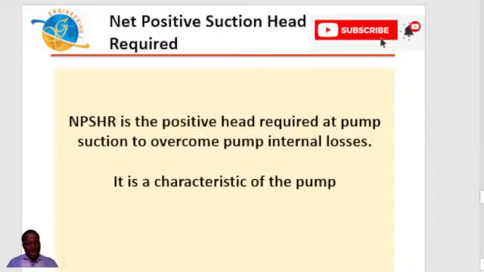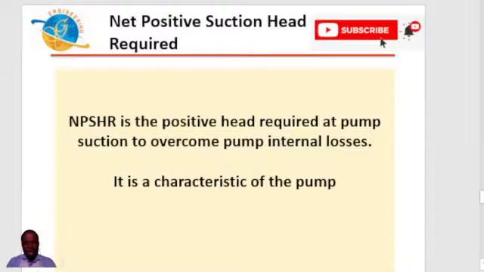NPSHR is that positive head that is required at, you see, the pump junction to overcome any form of pump internal losses. That head required, that energy required at the pump junction to do what? To overcome pump internal losses is your NPSHR. So it is very important for you to be able to differentiate between NPSHA and NPSHR.